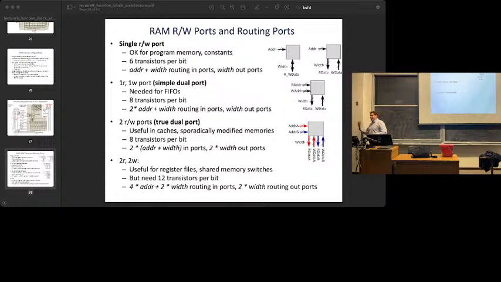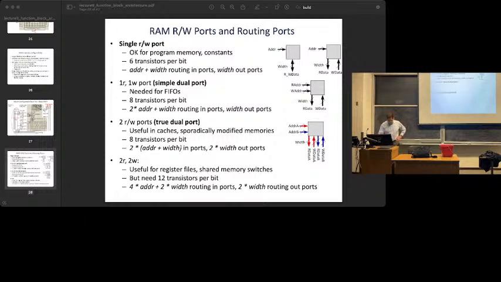I only need one port to read my instruction memory. And I could have loaded that instruction memory a long time ago. So I can write to all the instruction memory when I power up my system, and then I can just read from it all the time. I shouldn't have self-modifying code and stuff. That's madness. So yeah, program memory, constants, and it's cheap.